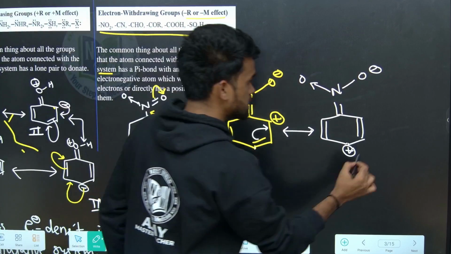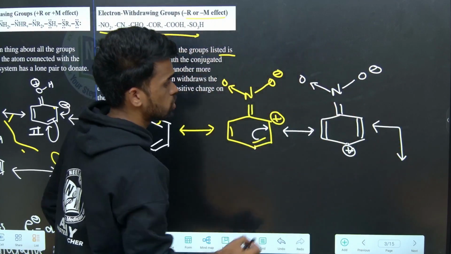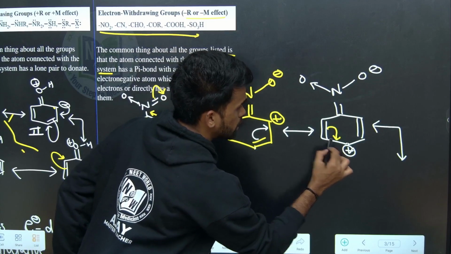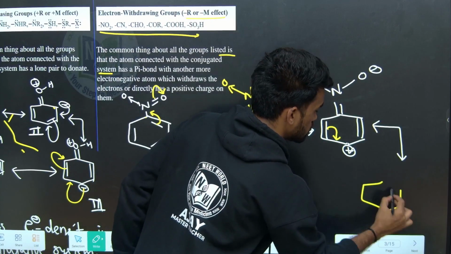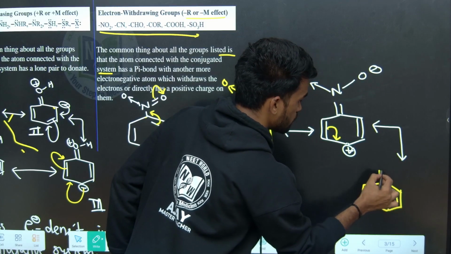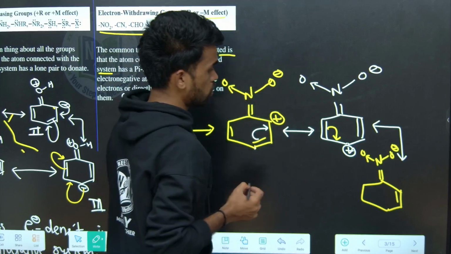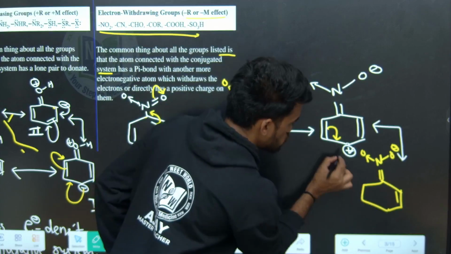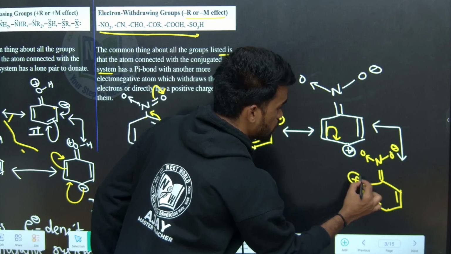Okay, then next, what is the next conjugative resonating structure here? So now I can shift from here to here, and this carbon will be getting a positive charge. Write the things as it is first. The remaining thing is, this should be shifted over here. It means here we are getting a double bond and here a positive charge.